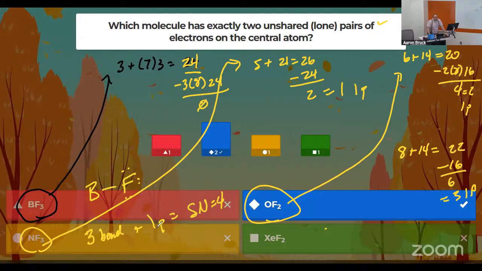It should work for pretty much everything except for hydrogen, or the cases where we have odd numbers of electrons, because those won't come out even anyway. Any questions with this?